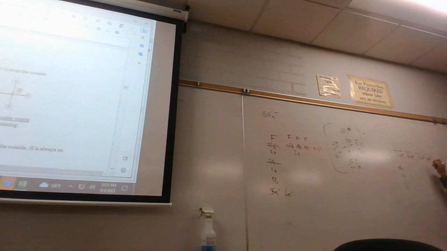And so there's no more s, and there's no more 2p's. And so now we have 4 equivalent orbitals. And then we'll just put in 1 electron here, 1 electron here, 1 electron here. So what we've done is we've maximized the bonding, and we've minimized the repulsion. So fluorine comes in here, here, here, and here. Does that make sense?